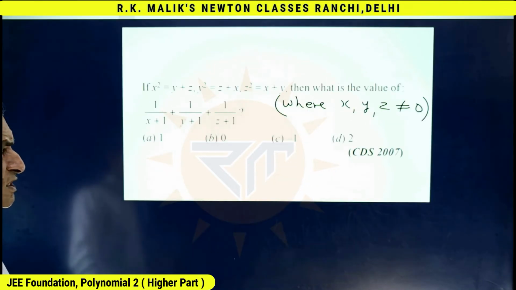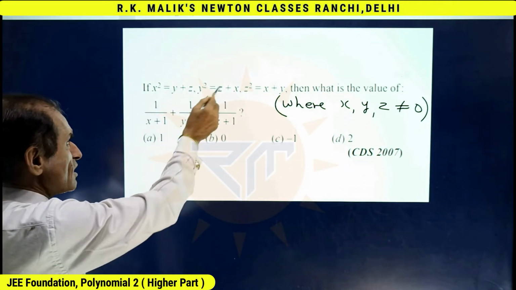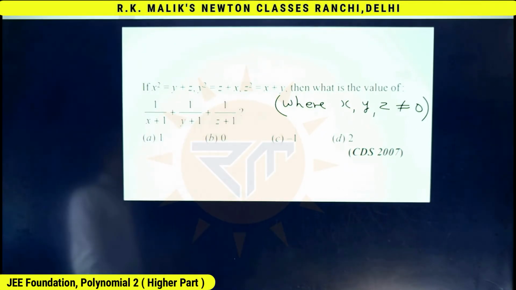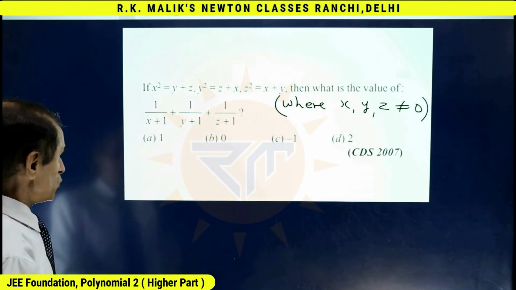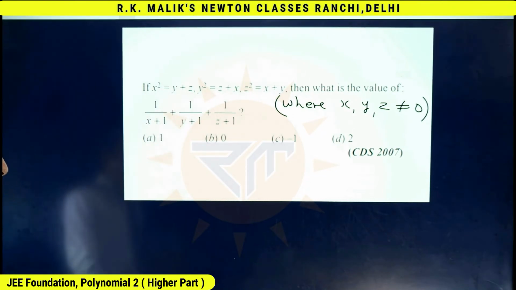But obviously this can be done in a very easy way, the smart way of doing this question will be very simple. I have to take those values of x, y, z so that these three conditions are satisfied. Note that I can't take the value of x, y, z equal to 1, because left hand side will be 1 and right hand side will be 2. Therefore that is not possible.